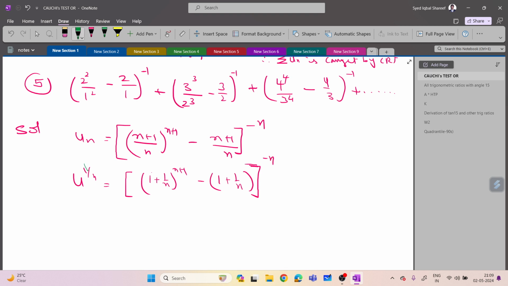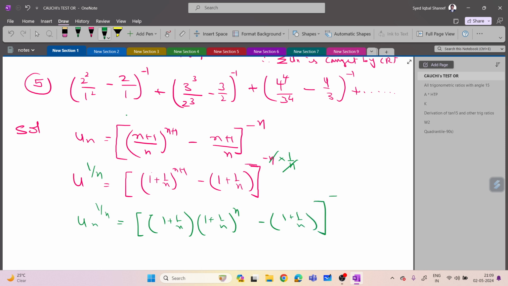Raising both the sides to the power of 1 by n. Here also if you raise to the power of 1 by n, numerator and denominator get cancelled. So un whole to the power of 1 by n equal to, this can be written as 1 plus 1 by n into 1 plus 1 by n whole to the power of n minus 1 plus 1 by n whole to the power of minus 1.